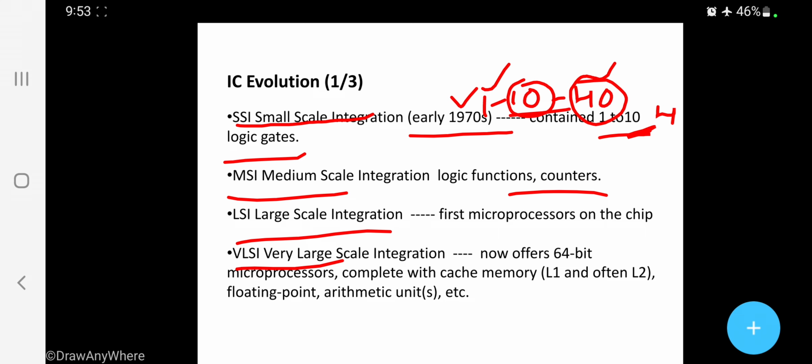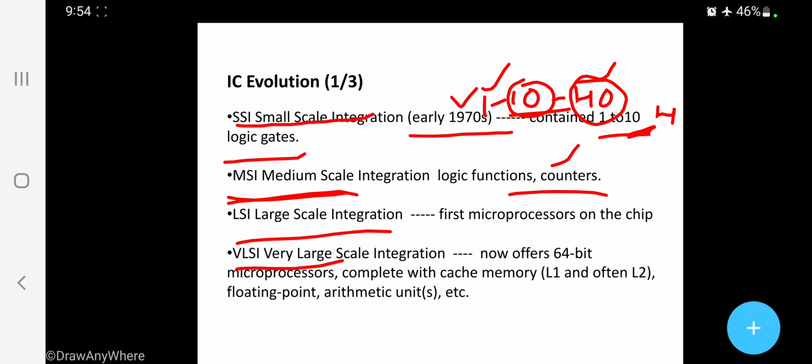Now next is the era of medium scale integration, end of the 70s. So you have counters. We have studied in digital logic design, or whatever the subject, about counters, which require a number of flip-flops to implement. Each flip-flop consists of logic gates, NOR gates, NAND gates.